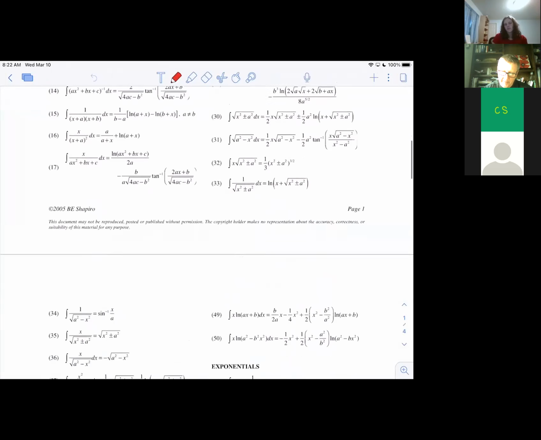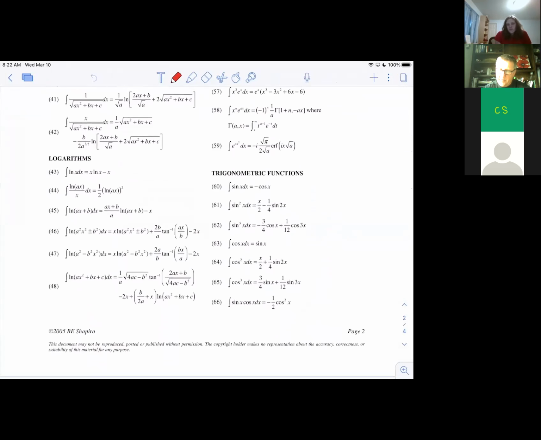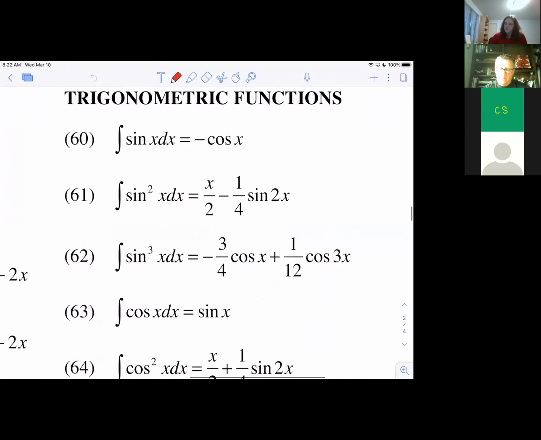I'm looking for a title that says trig expressions, trig functions. Bam, there it is. So there's our answer. I'm suddenly remembering our conversation about it. So for us, since we're not using x but theta, it's theta over 2 minus 1/4 sine of 2 theta.